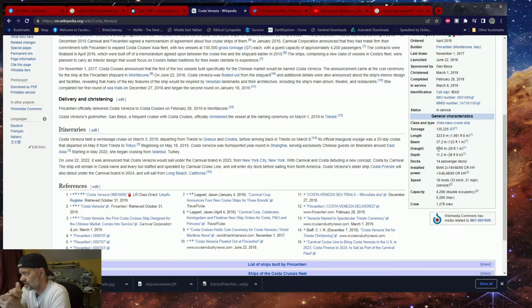So we know the ship. Okay, we can deduce the ship. Just the weight of the ship, the displacement of water, is 135,000 tons. Okay, extremely large. Heavier, I believe that's heavier than a United States Navy aircraft carrier, or it's pretty close.